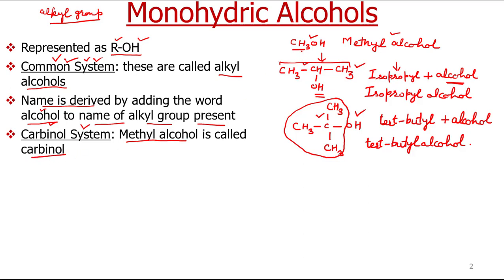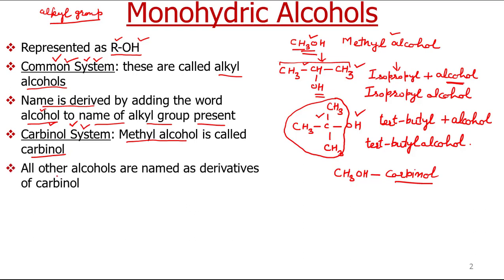So carbinol is another name for methyl alcohol, and in the carbinol system all other alcohols are named as derivatives of carbinol. We will give the name of all other alcohols as a derivative of carbinol.